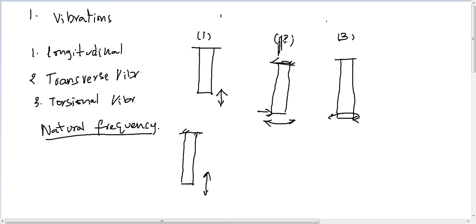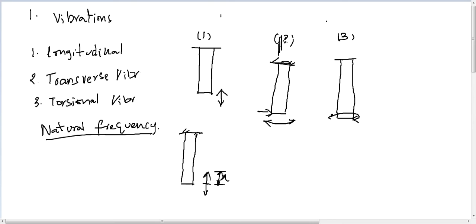That means we are just pulling this bar and leaving it, and it will tend to vibrate in this direction like this. And it will have some maximum displacement. We are calling that one as x.